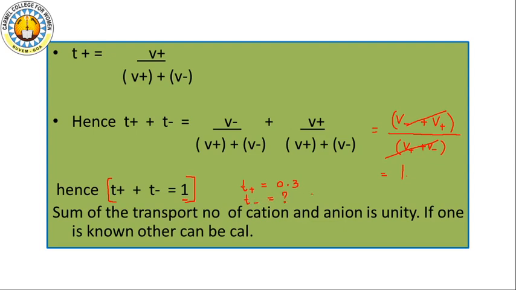How much will T minus be? Rearranging this equation, T minus will be 1 minus T plus, which I can write as 1 minus 0.3, which is equal to 0.7. So using this formula, if one of the transport numbers is known, you can find out the transport number of the other ion.